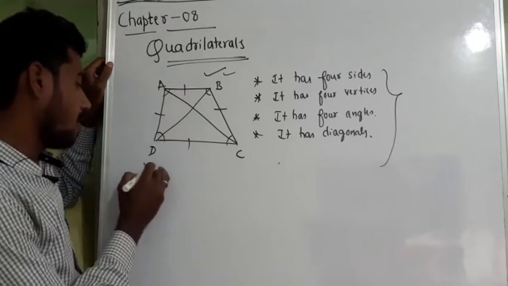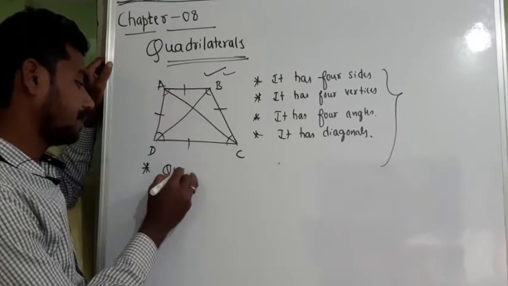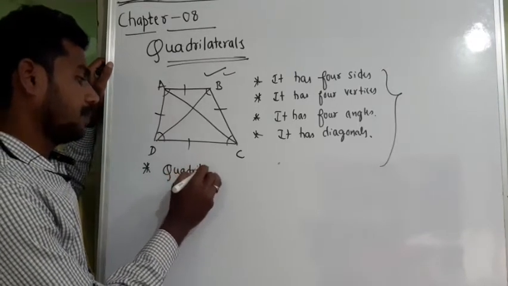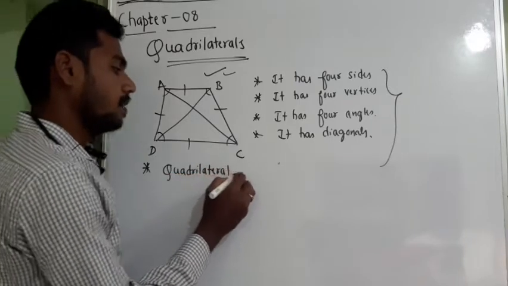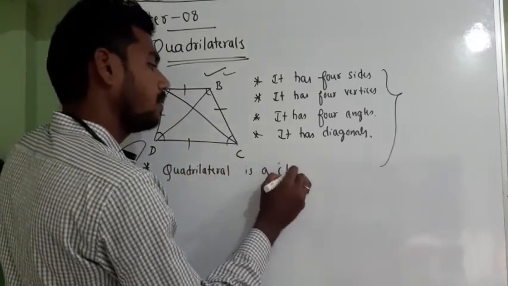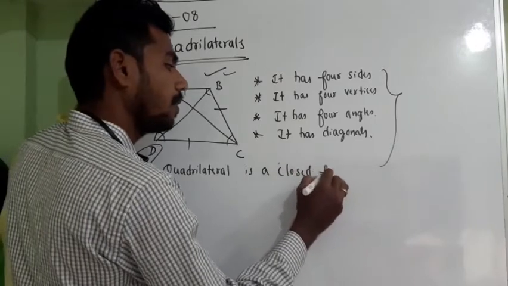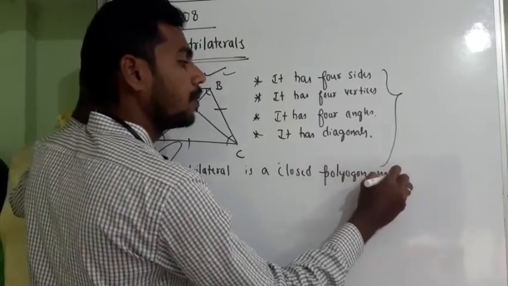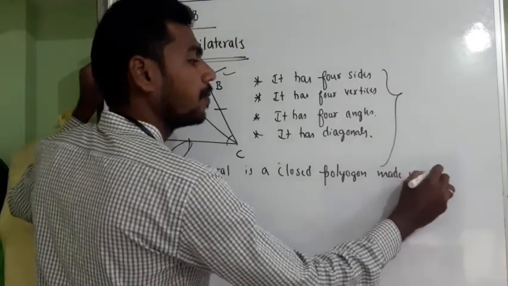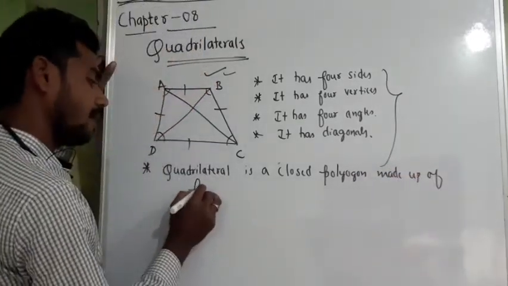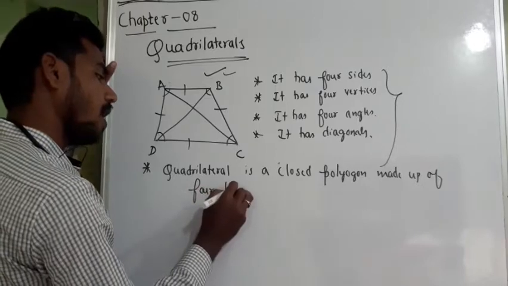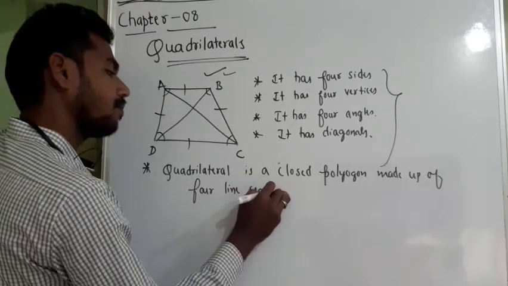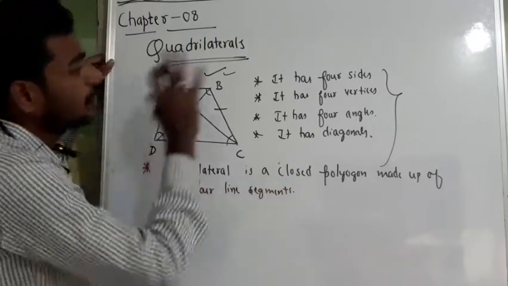So what is a quadrilateral? A quadrilateral is a closed polygon made up of four line segments. That is the basic definition.